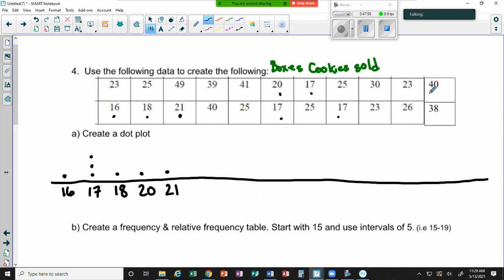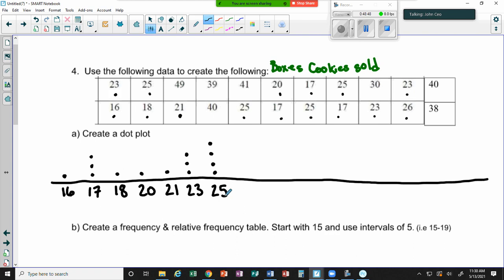22. Nope. 23. Let's see, 1. 2 23s. Yep, there's the third one. 24. 24. 25, I saw 1 or 2, or at least 1, 2, 3, 4. 4 25s, right?